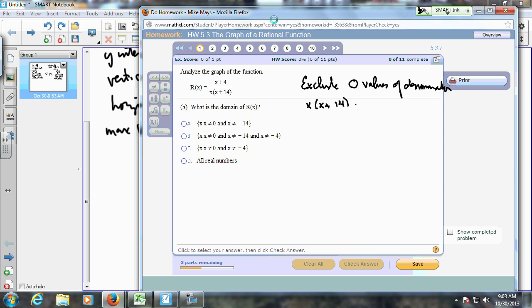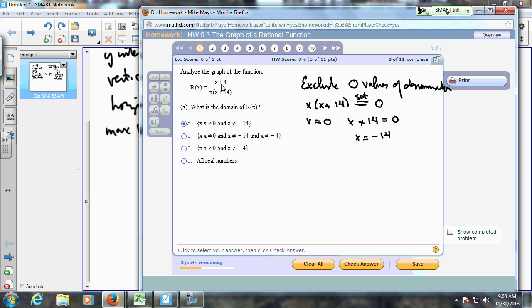It's already given in factored form. If I set that equal to 0 to see where I get in trouble, one factor is x, that could be 0, and the other factor is x plus 14. That could be 0, and that would make x equal minus 14. So the domain would be x not equal to 0 and not equal to minus 14.